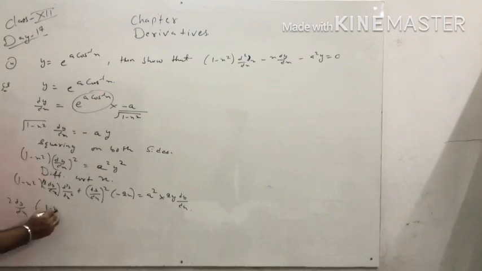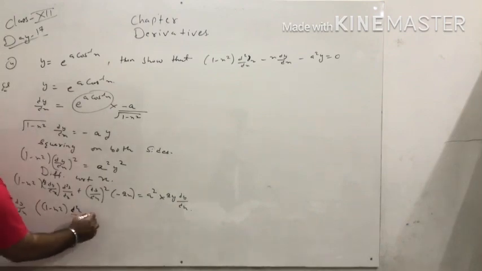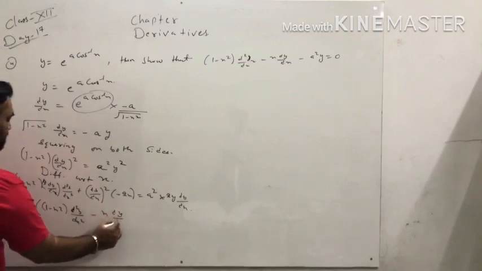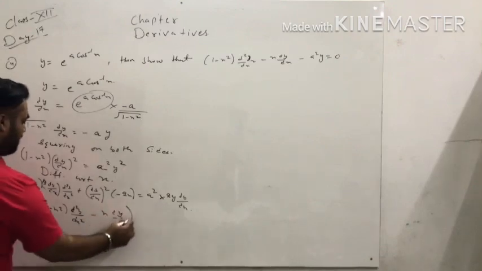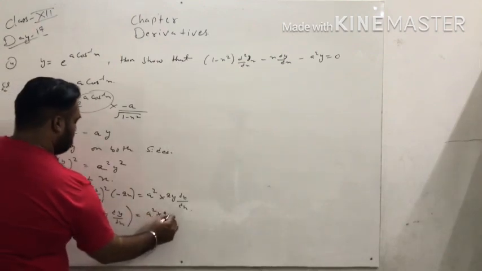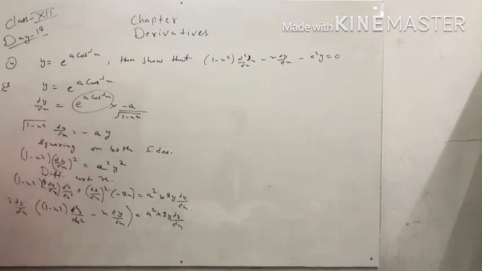So we are left with 1 minus x square d square y upon dx square, so minus x dy/dx equals to a square 2y dy/dx.